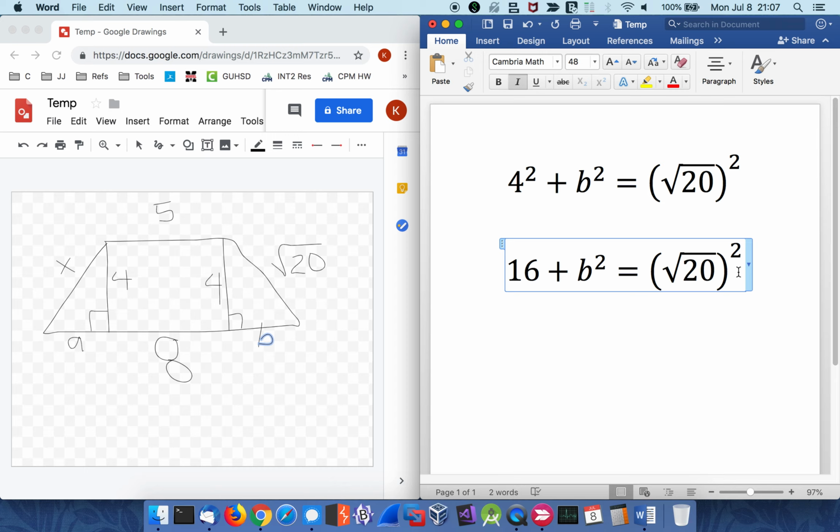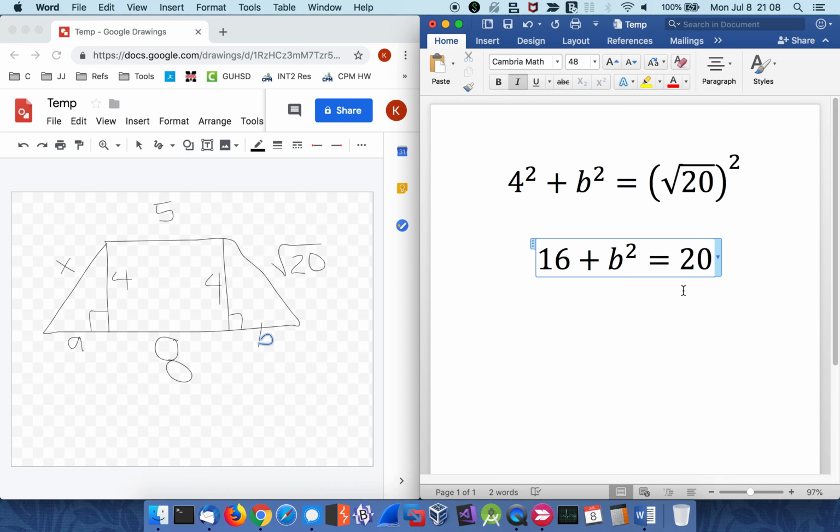If you take any square root and then you square it, you're going to get that number again. For example, the square root of 4 is 2, but if you square the square root, so the square of 2 is 4 again. So this just reverses it. Alright, so that's 20.